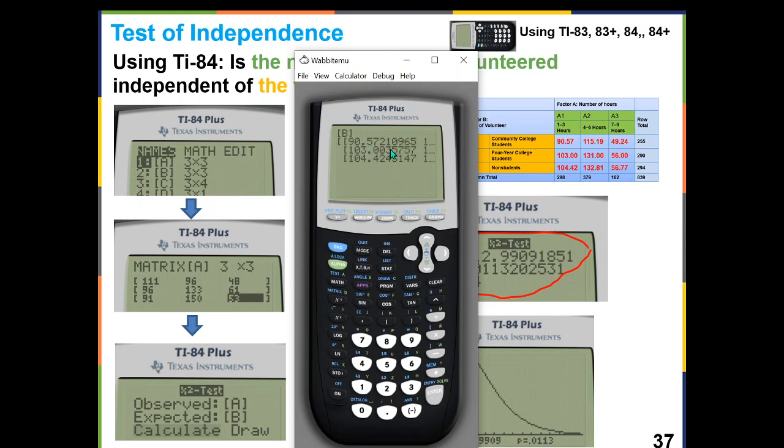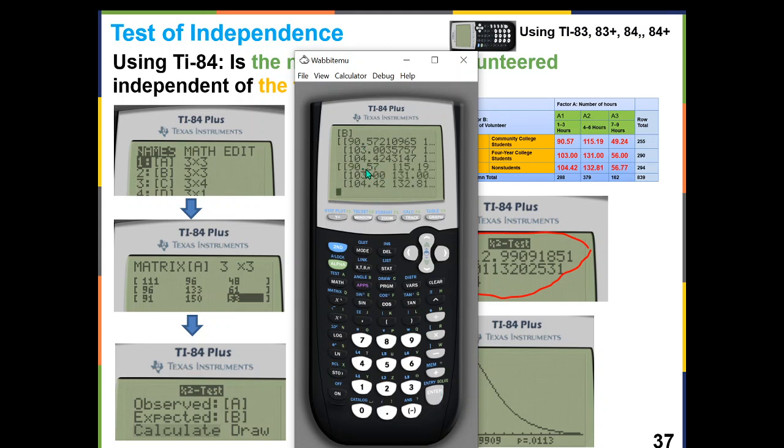Now there are too many decimal places, we only need maybe 2 decimal places, so you can go to mode and change that float. You see, if you put it on float, the calculator gives you, you use all the power of the calculator. If you only want 2 decimal places to be calculated, you move it to 2, press enter, go back and press enter one more time to run this test.